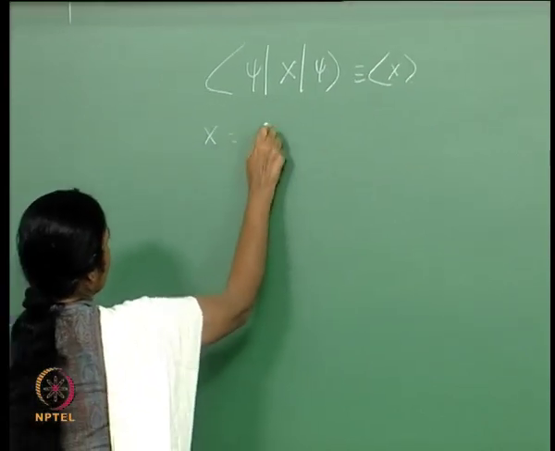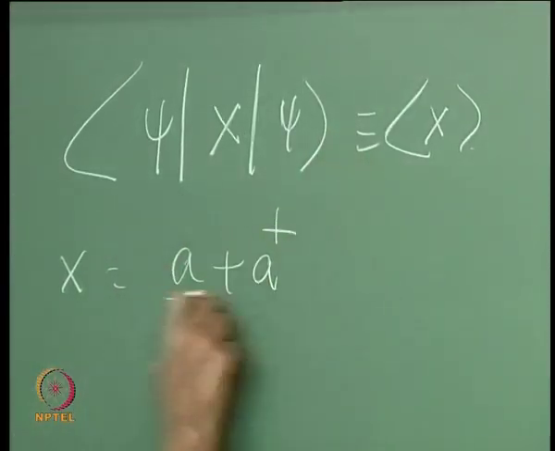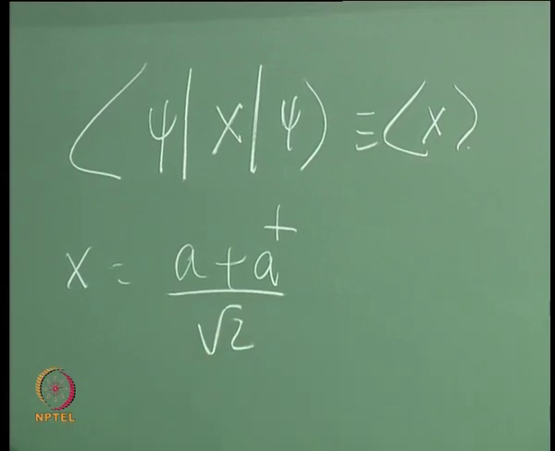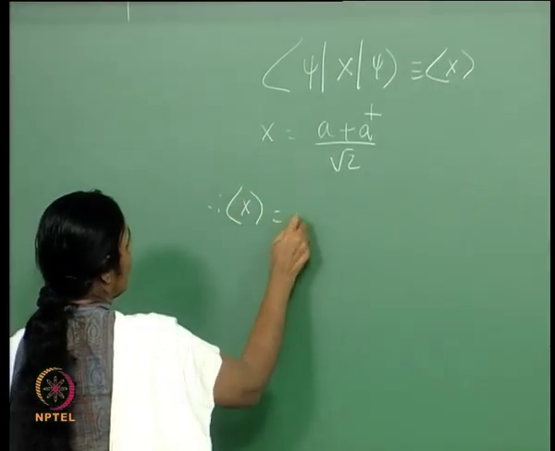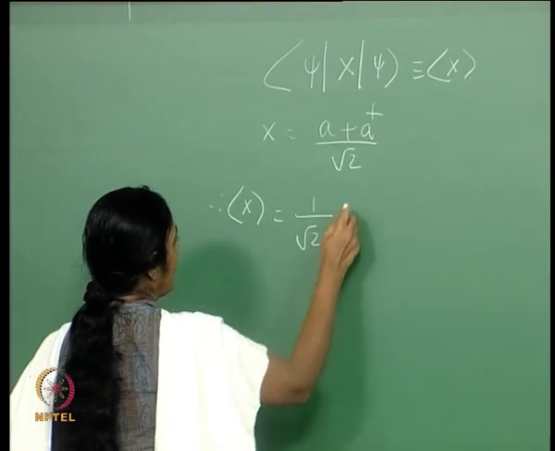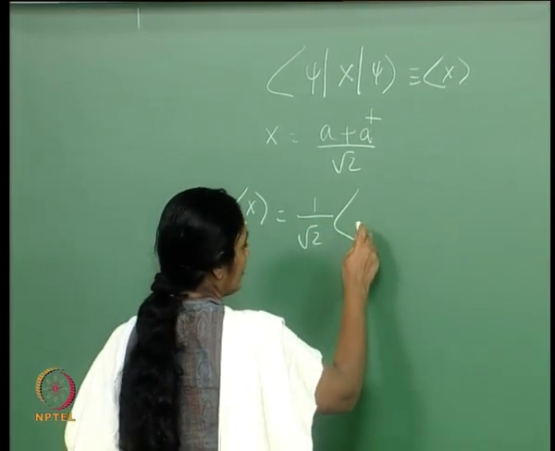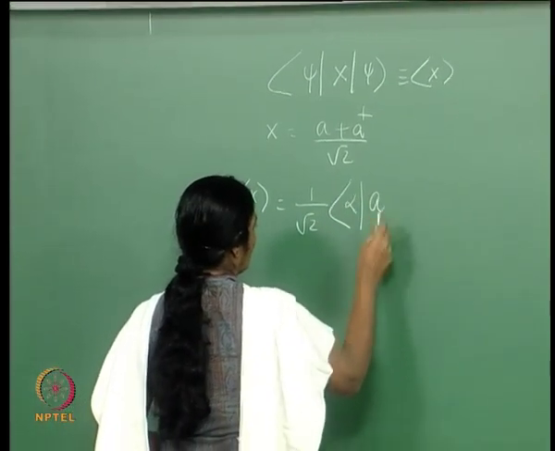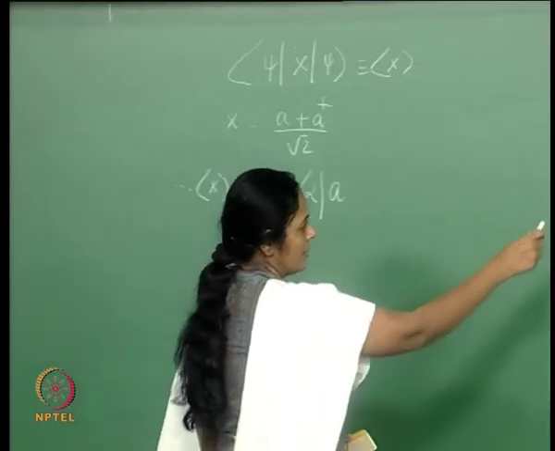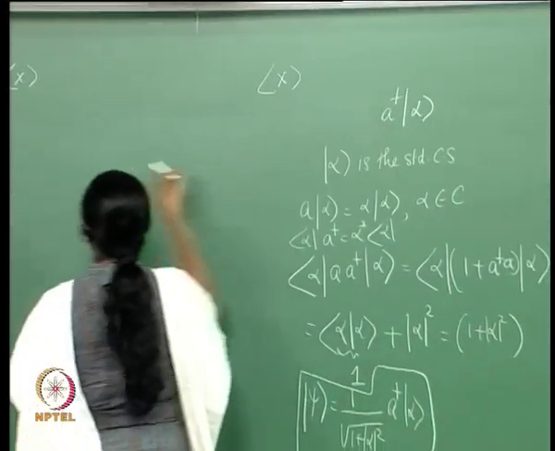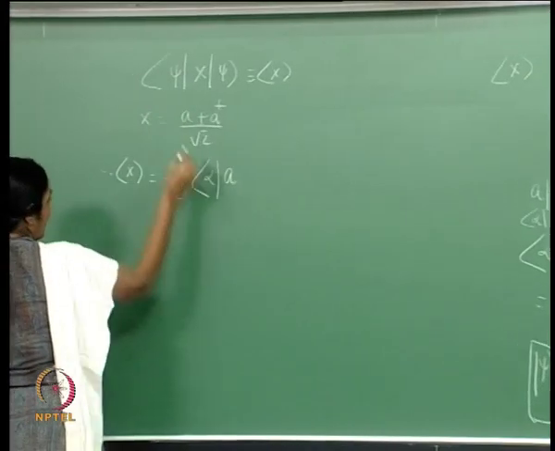But x itself is A plus A dagger by root 2, and therefore, the expectation value of x in this state is 1 by root 2 times, I have just taken the bra psi.